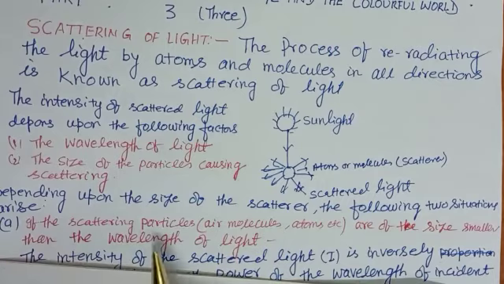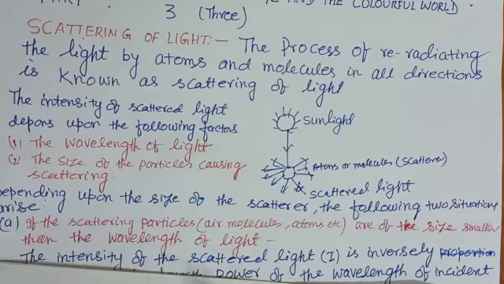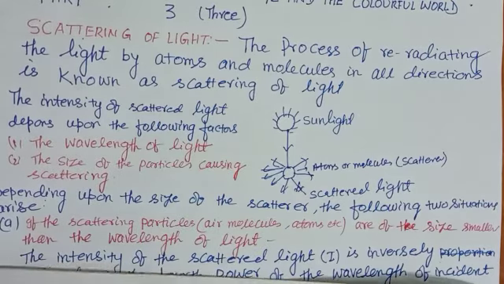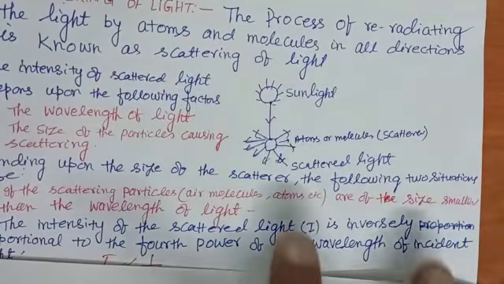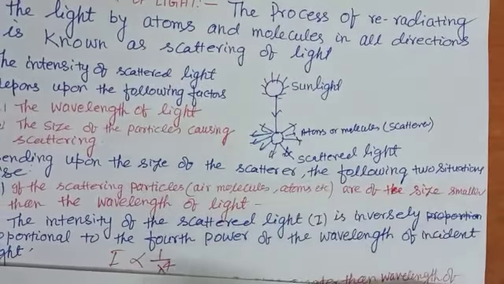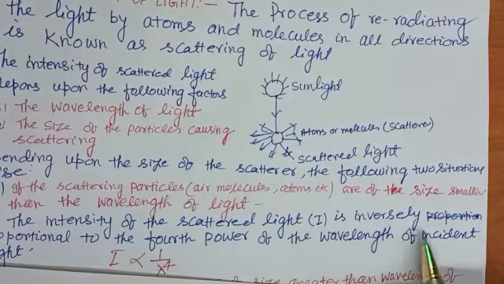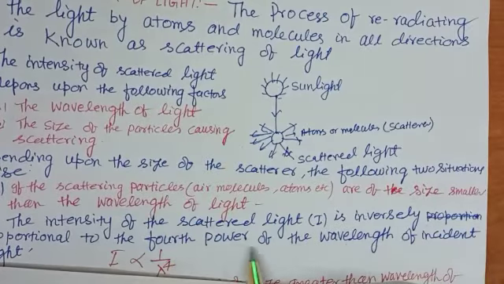First, if the scattering particles, that is air molecules and atoms, are of size smaller than the wavelength of the light, then the intensity of scattered light is inversely proportional to the fourth power of the wavelength of incident light.